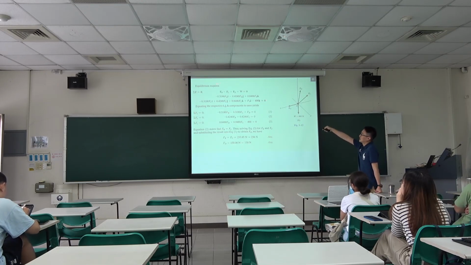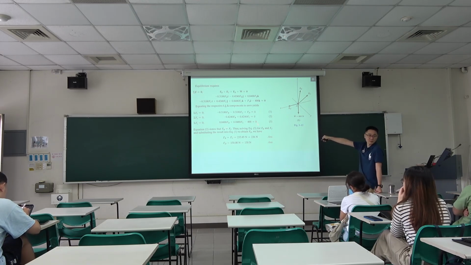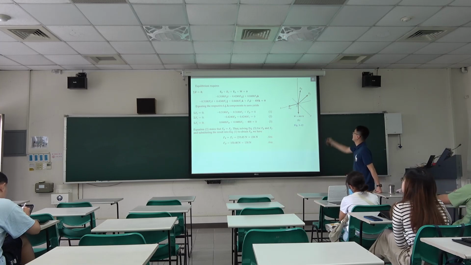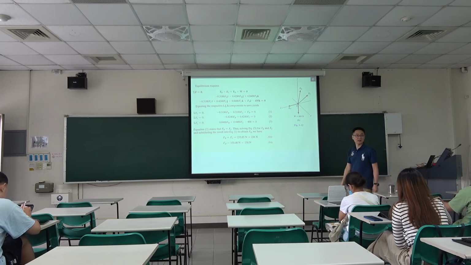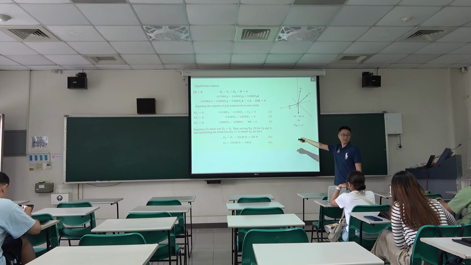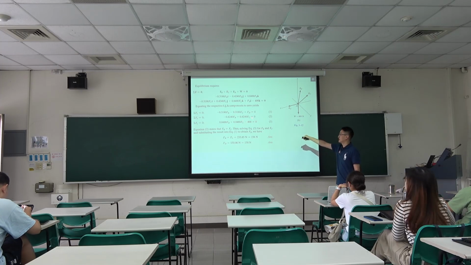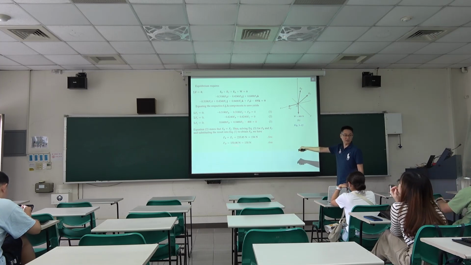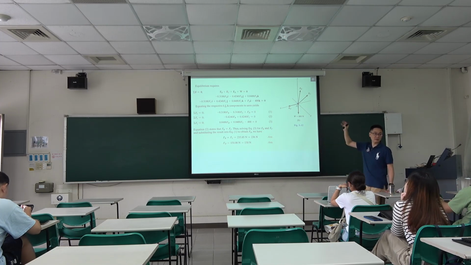So that's this part. Then 3 equilibrium equations with 3 unknowns, so that means we can work out the value for each. So that's the general concept.